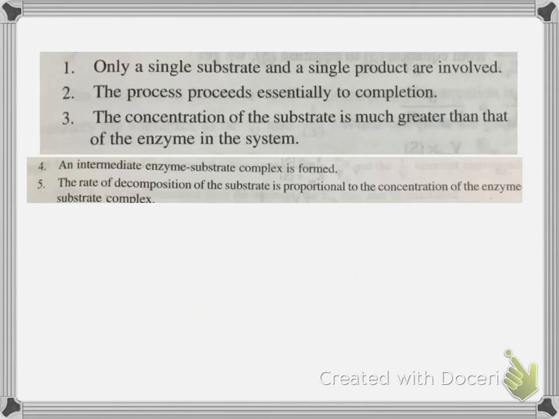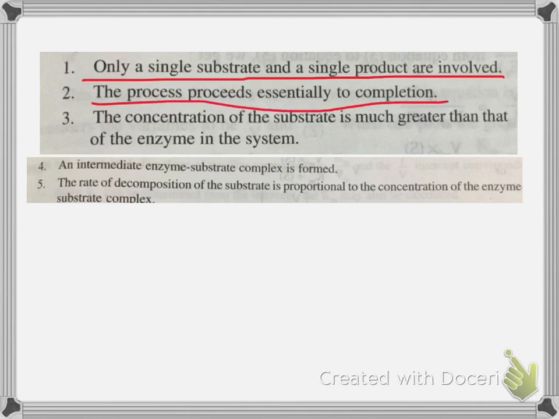They are: only a single substrate and a single product are involved. The second one is the process proceeds essentially to completion. The third one is the concentration of the substrate is much higher than that of the enzyme in the system.